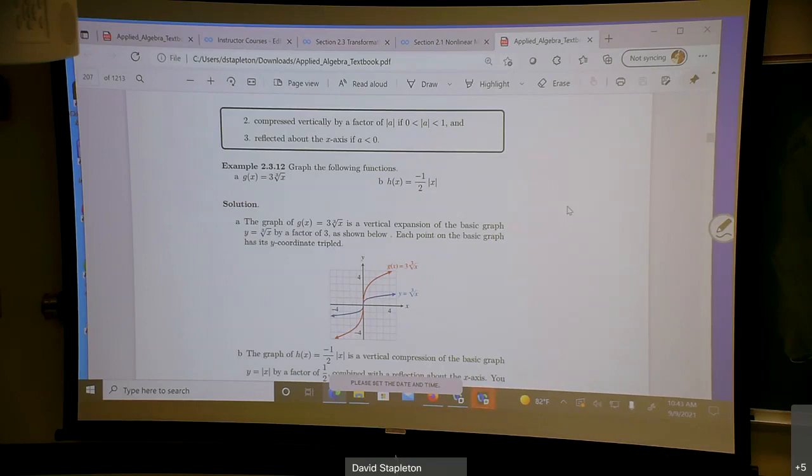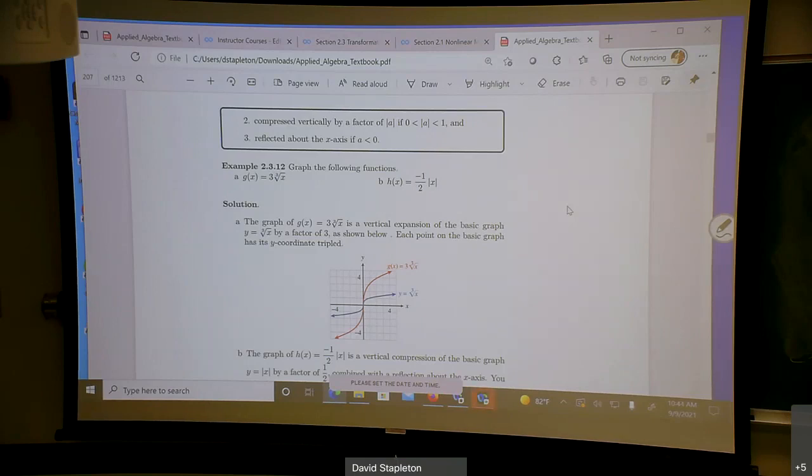So that's all I have to do, and you can picture this in your mind, which is what's beautiful about this. You know the absolute value goes through these points: 1, 1, minus 1, 1, right, because absolute value of 1 is 1, and absolute value of minus 1 is 1, and it goes through 0, 0. Now to sketch this one, I take every y coordinate, multiply it by half, and then flip it upside down. In other words, I multiply it by minus a half. I get this point, instead of 1, I get minus a half for y, with the same x coordinate.